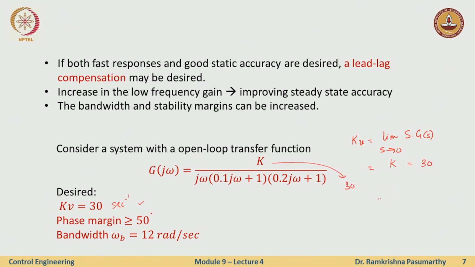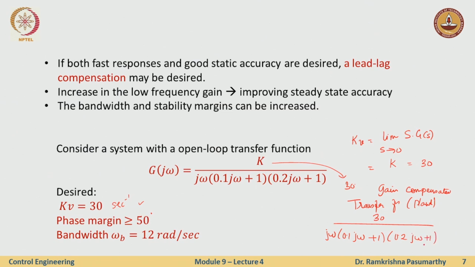So I am looking at a gain compensated plant, which now looks like this: 30, and the rest of it is the same, with a j omega, 0.1 j omega plus 1 and 0.2 j omega plus 1.